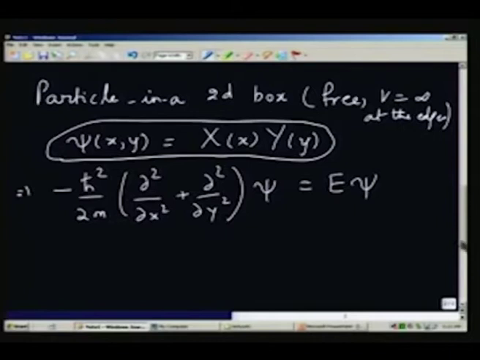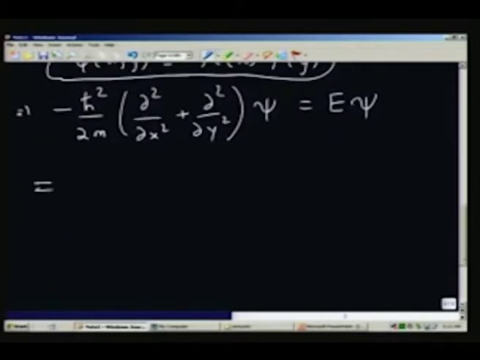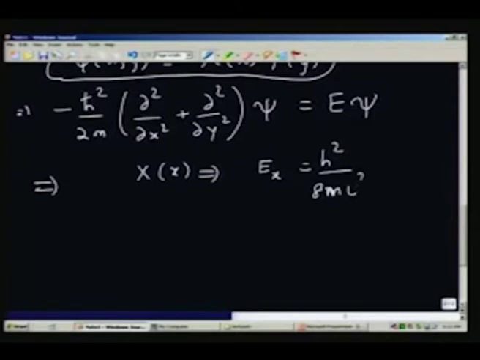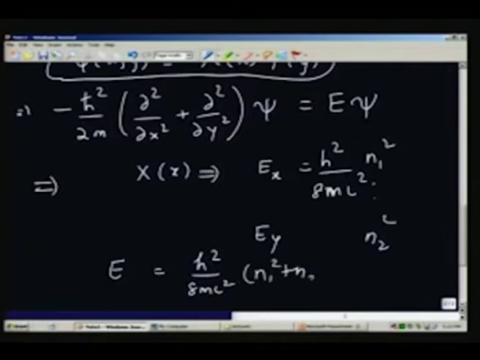The equation separated into two one-dimensional equations involving an x only, giving you an energy component Ex equal to h square by 8 m L square n1 square, and likewise for n2 square for Ey, and then the total energy was of course the sum of these two terms, h square by 8 m L square times n1 square plus n2 square.